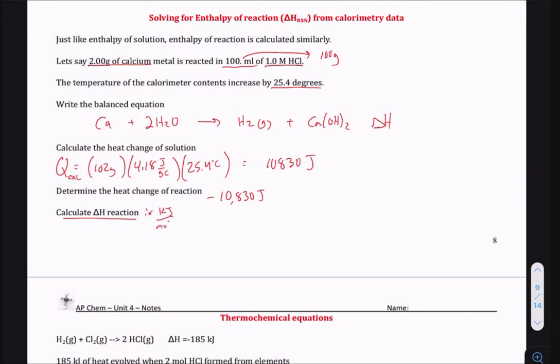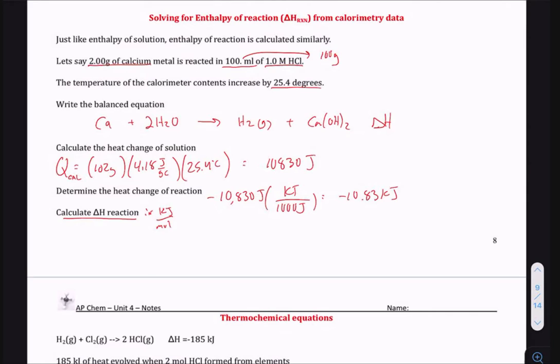So I just have to take this number and make some adjustments to it. This is going to be divided by 1,000 to convert to kilojoules, so negative 10.83 kilojoules.